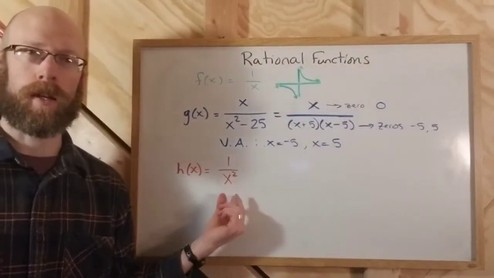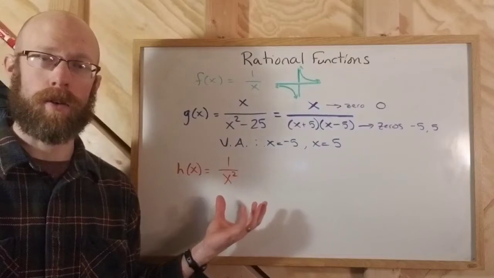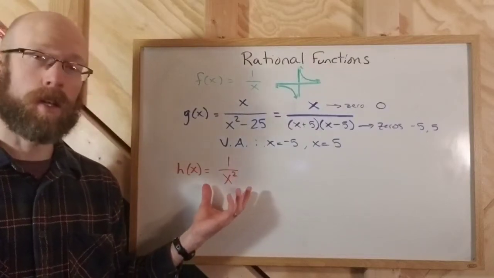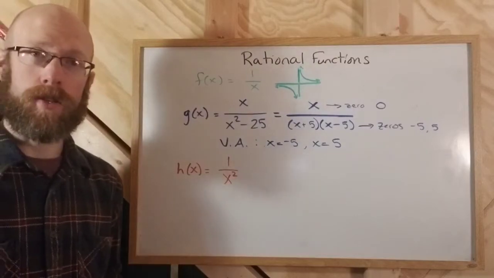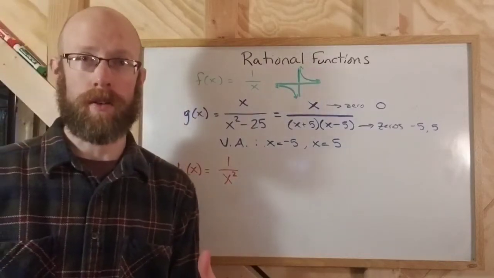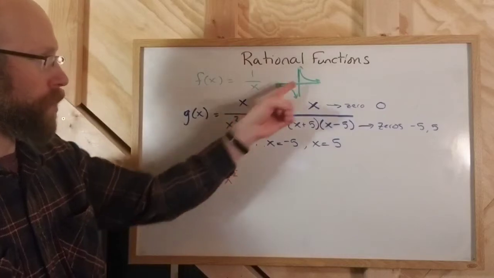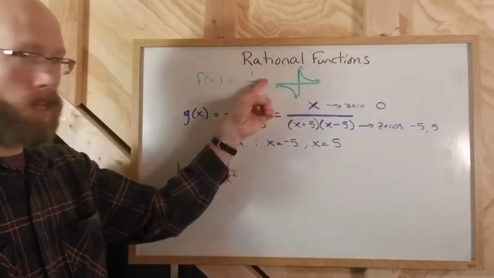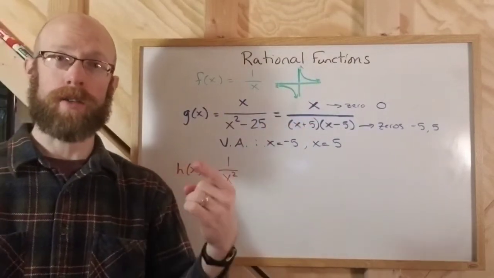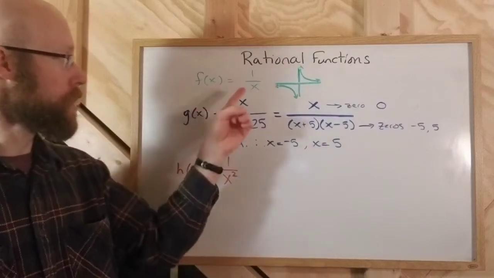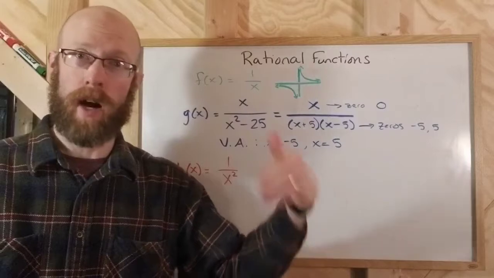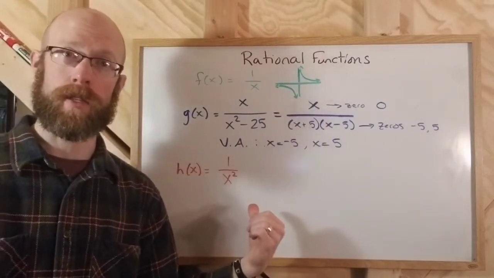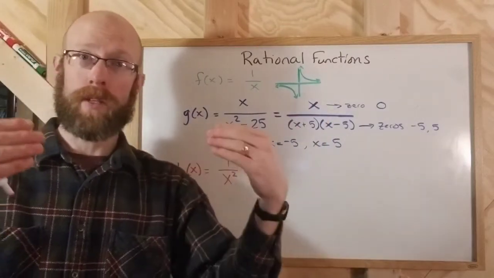Again, another kind of basic rational function, but still an important one. When I square the x, the outputs are always positive. It won't matter whether I plug in a positive x value or a negative x value, the outputs are positive. With the reciprocal function, if you plug in a negative, you get a negative out, or if you plug in a positive, you get a positive out. But with a squaring function like this on the bottom, both are going to be the same sign.